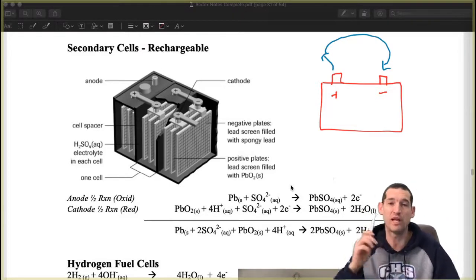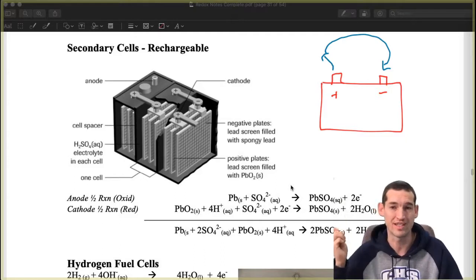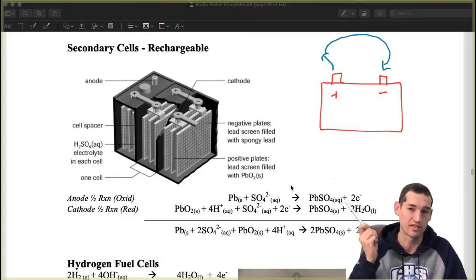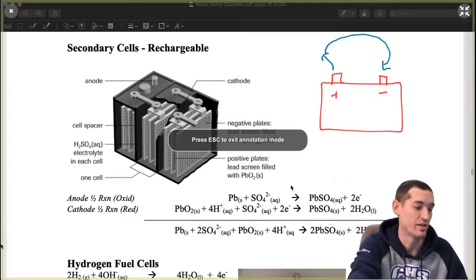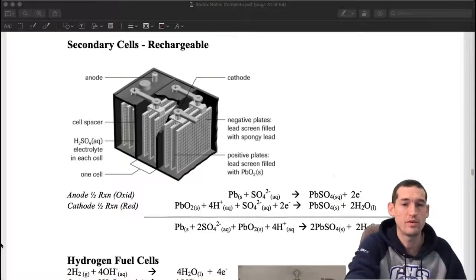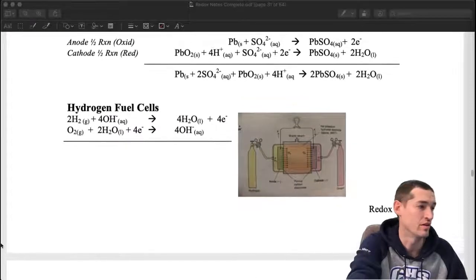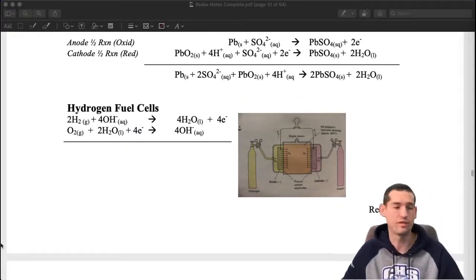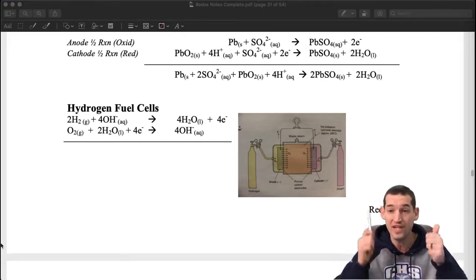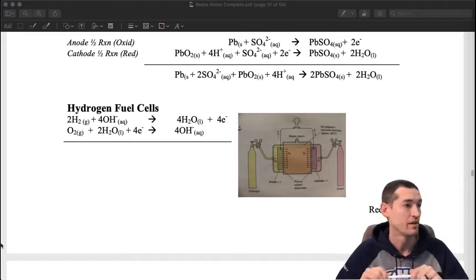So any type of battery that's rechargeable we call a secondary cell, just like this. Hydrogen fuel cells are down here at the bottom, and I'll probably do a whole separate video on hydrogen fuel cells. They're really no different, but they're really interesting, and they tend to show up a lot on the diplomas, which you guys don't have to write this year.